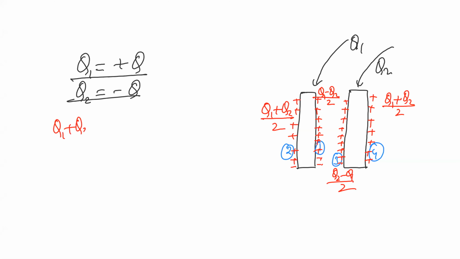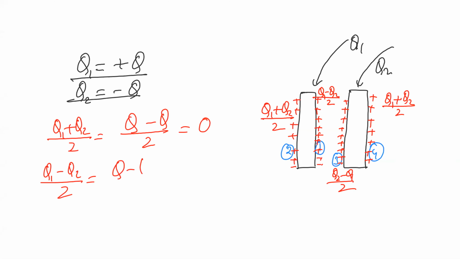Q1 plus Q2 by 2 will be Q minus Q divided by 2, which is 0. And Q1 minus Q2 by 2 will be Q minus minus Q divided by 2, which is equal to Q.